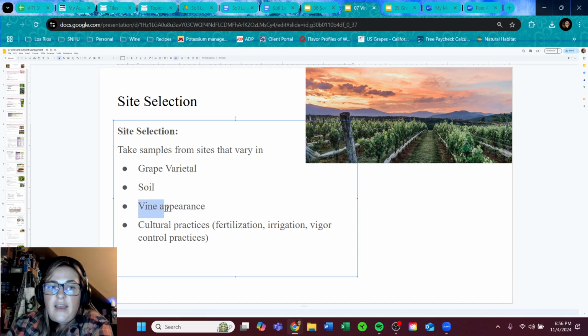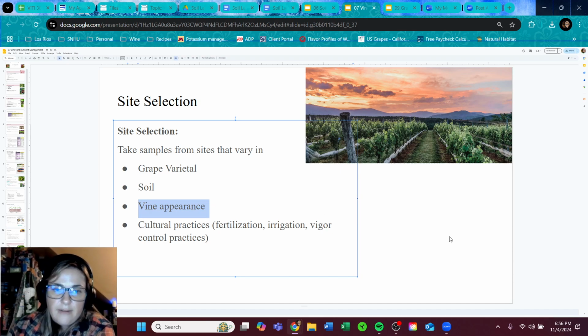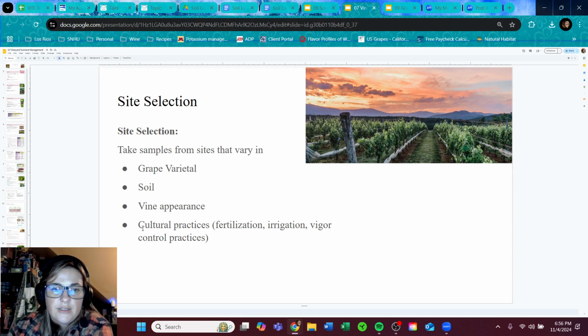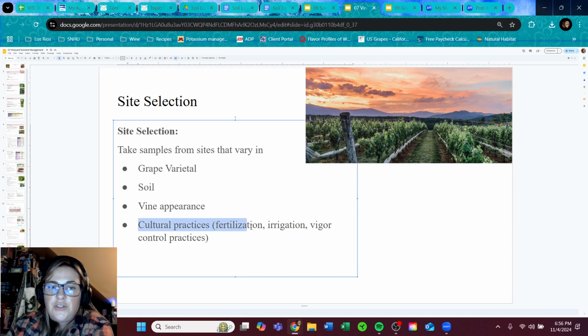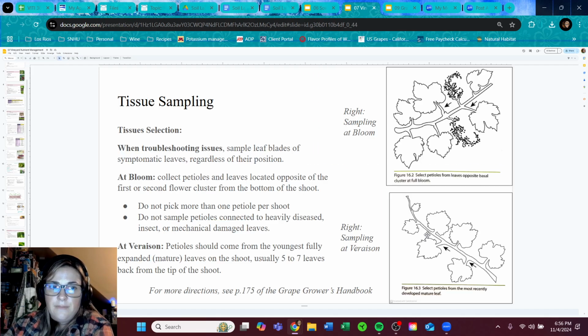If it's just a foliar situation by vine appearance, definitely sample that vine and the leaves that are affected, right? Or if you're trying to see if it's a deficiency between fertilizer application, irrigation, or anything like that, knowing that would be important.